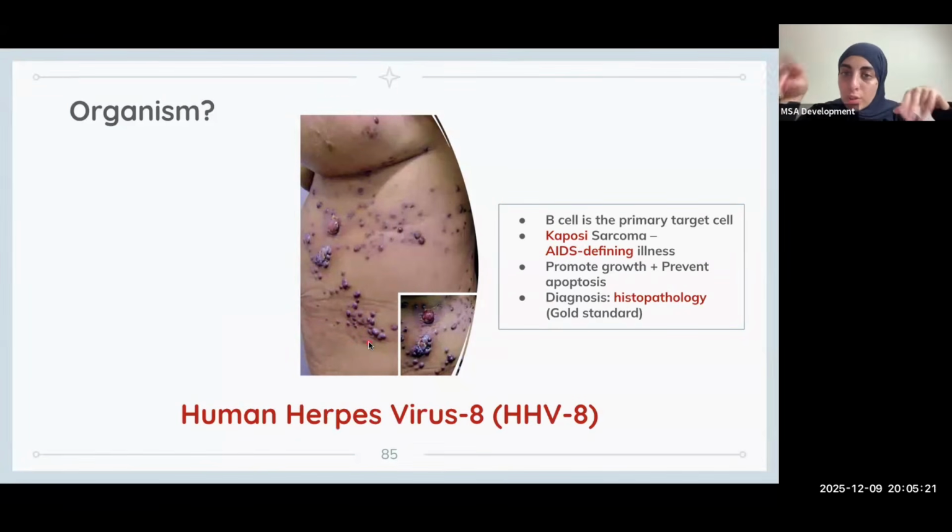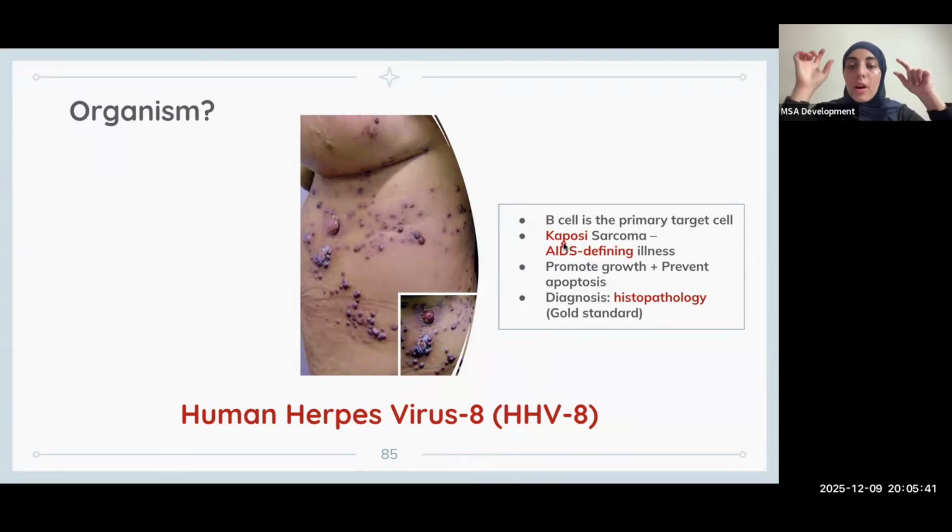This virus is also one of the viruses in the herpes virus family, just like the previous two. This one specifically targets B cells as their primary target. So they infect the B cells and they hide. And when someone gets AIDS, this virus can induce Kaposi sarcoma, okay?